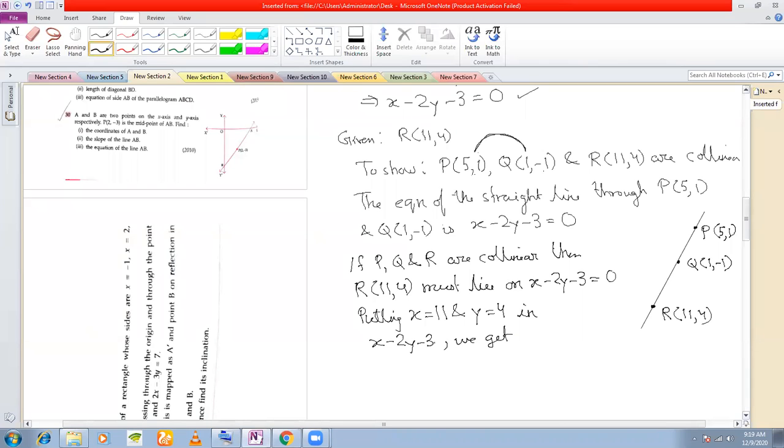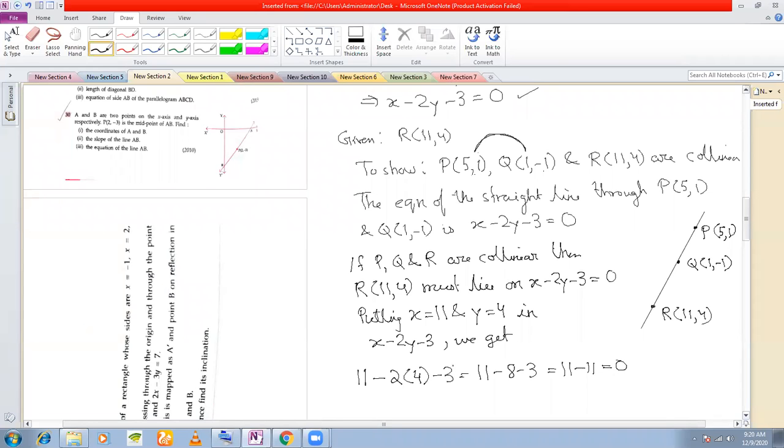Let's check whether we are getting 0. We get 11 minus 2 into 4 minus 3, which is equal to 11 minus 8 minus 3, which is equal to 11 minus 11, which is equal to 0.